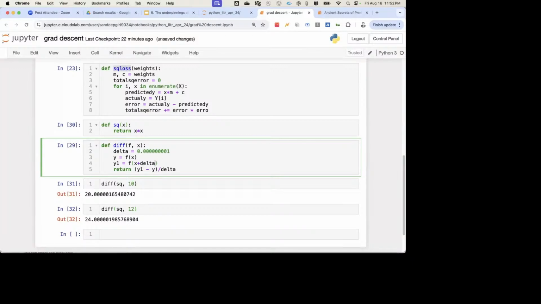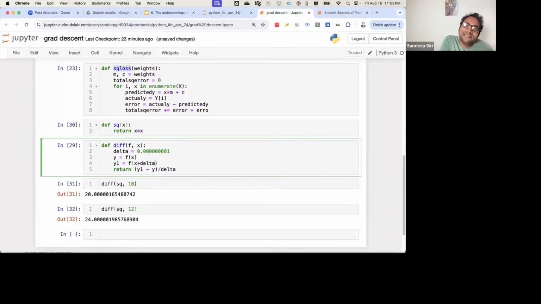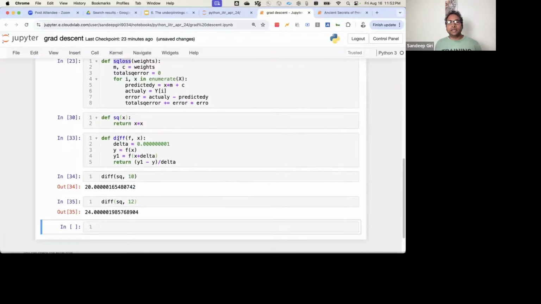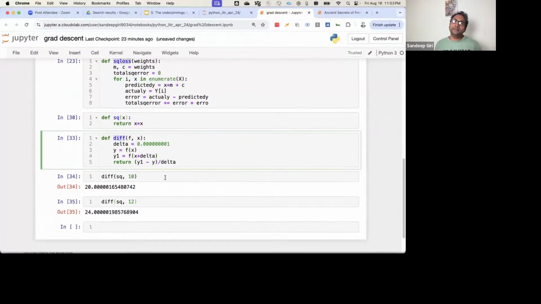And this function will be used in calculating that formula, right? Is everybody okay with this so far? Perfect. This differentiation calculation is good so far, right? Yes. All right, perfect.